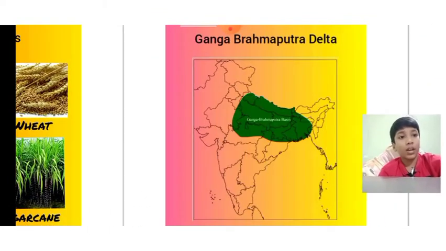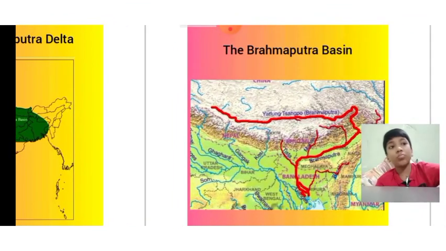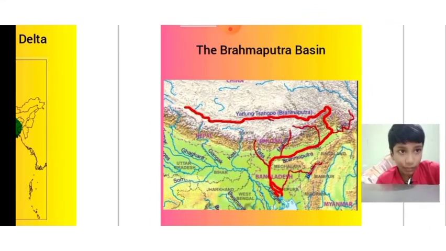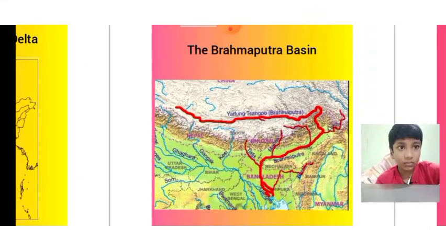See, I will show. Now we will go to the Brahmaputra basin. The Brahmaputra starts in Tibet and comes down, and in Tibet it is called Sangpo, and comes down slowly and enters India.